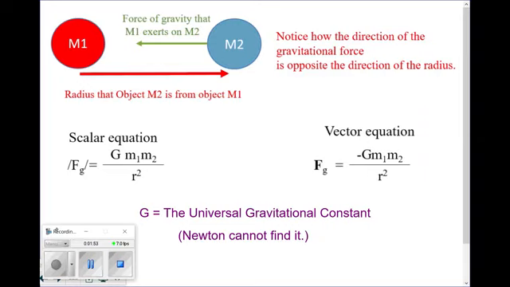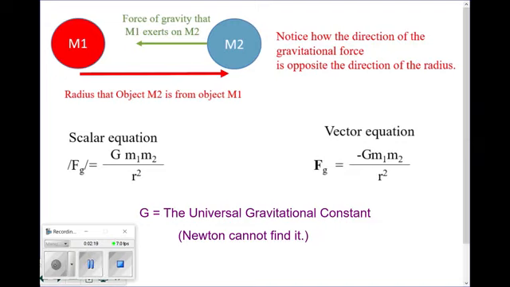He was able to apply his third law of motion and say that whatever force of gravity m1 feels from m2 would be equal in magnitude, just opposite in direction, to whatever m2 feels from m1. The forces would be equal in magnitude, just opposite in direction.